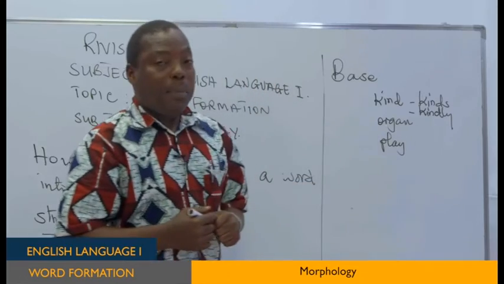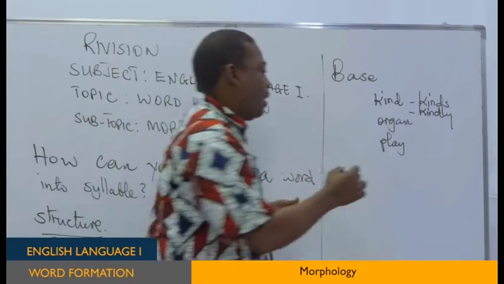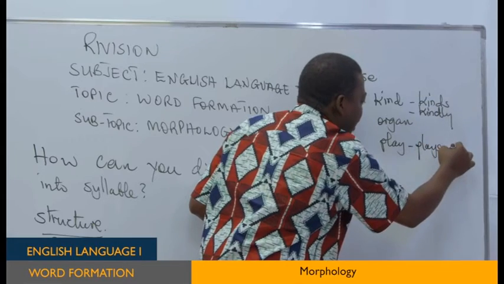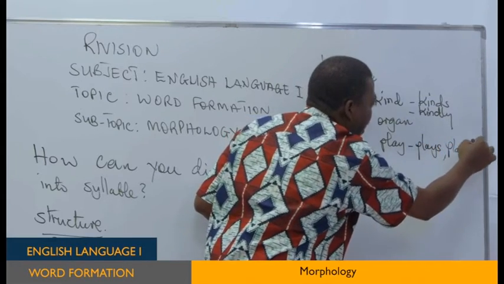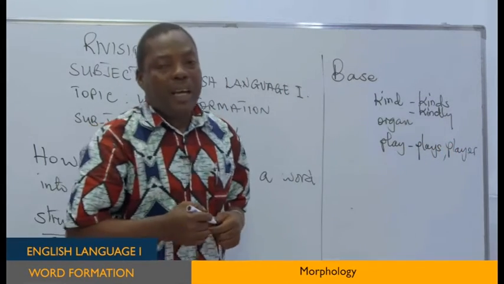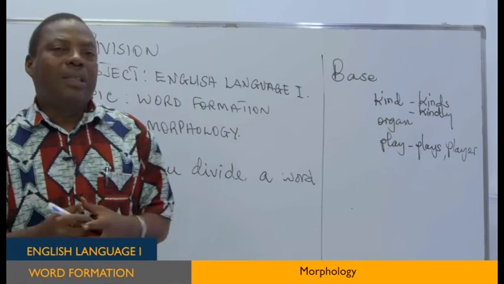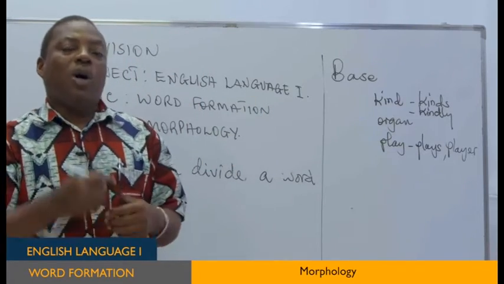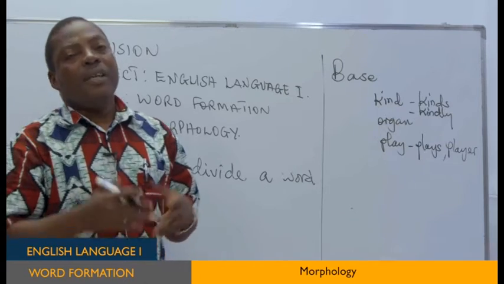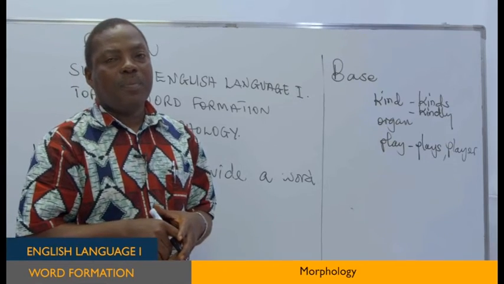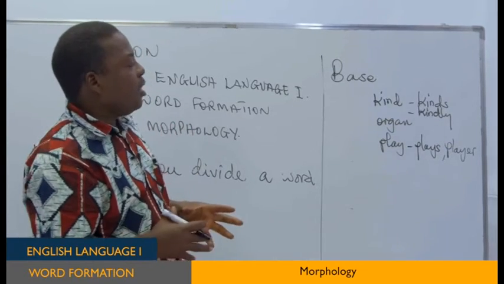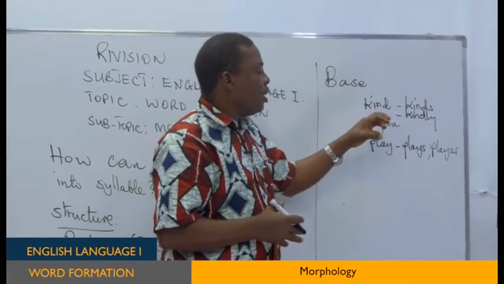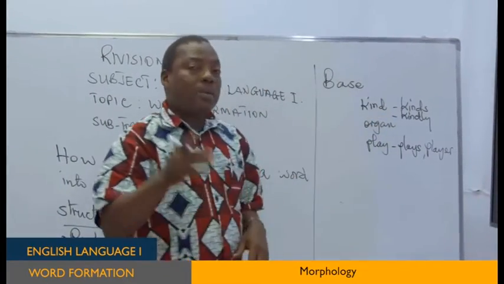Similarly with the word play, where you can have plays, player, played, and many more other attachments. Organ, you can talk about organs, organization, organize, and so forth. So as long as a word is able to accept inflectional and derivational attachments, that word becomes a base.